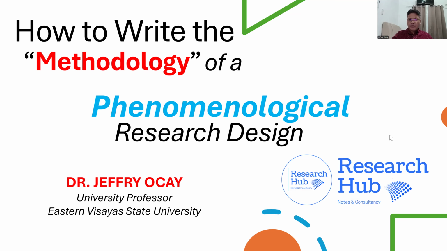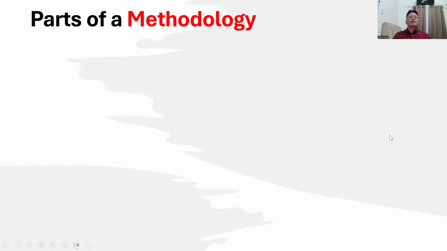Okay. So let's talk about the parts of a methodology. And please take note that although each design differs in terms of its unique feature and manner of writing, especially the data gathering procedure part, we have to remember that the methodology chapter of a thesis or dissertation has more or less the same contents, the standard contents of a methodology part.